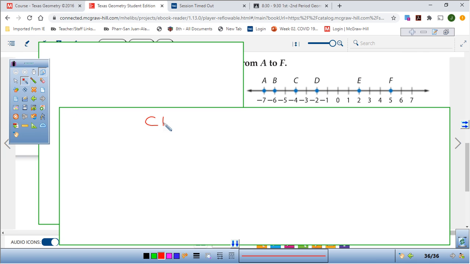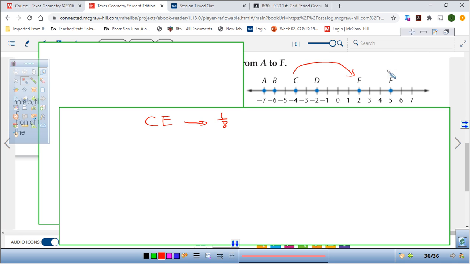We're going from C to E, and we're going 1/8. Okay, I think we can do it right. So we're going to go from C to E.